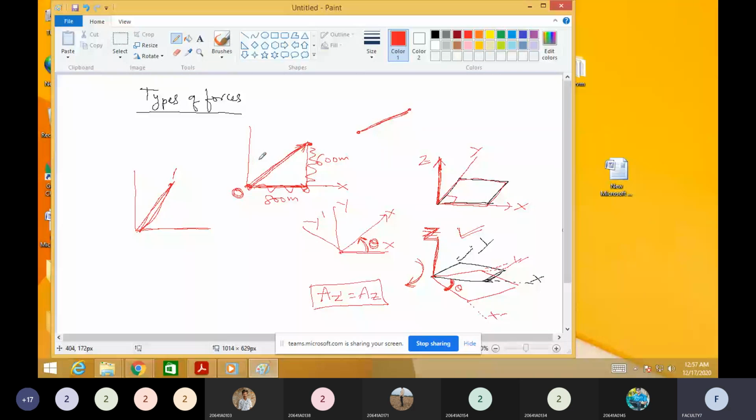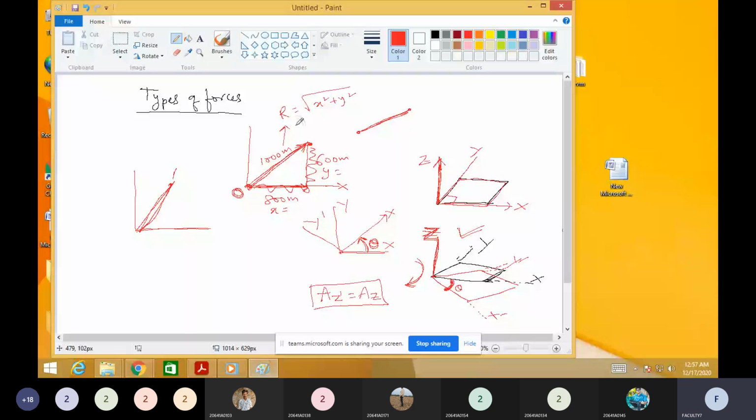Now here if you go with the geometry, you will get around 1000 meters. How can you get that? If r is the hypotenuse, then r equals the square root of x square plus y square. Here x equals 800 and y equals 600. If you substitute these two values, you get r as 1000.